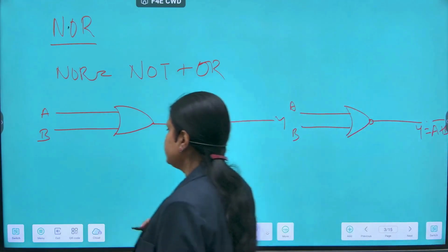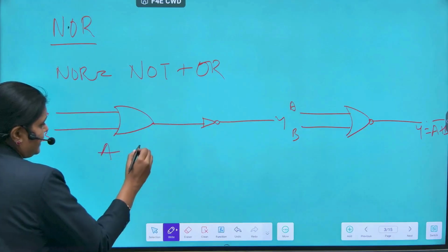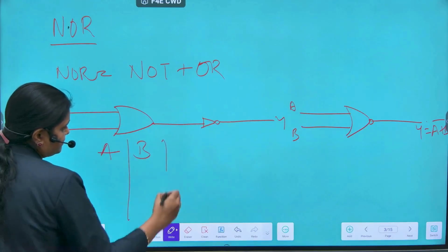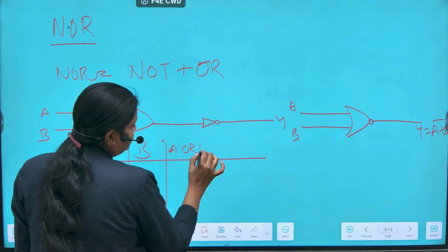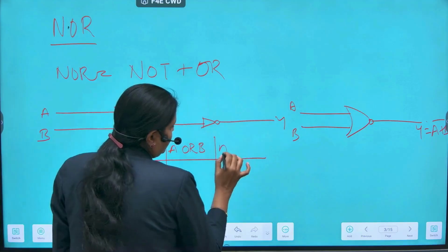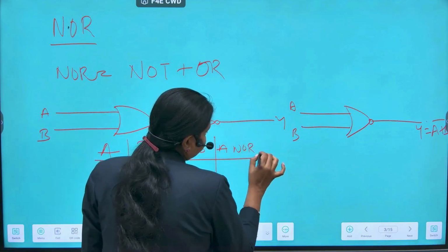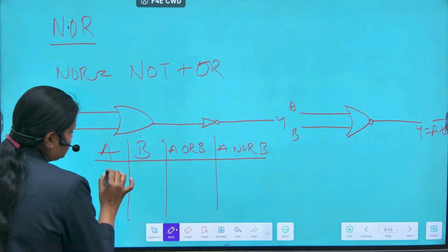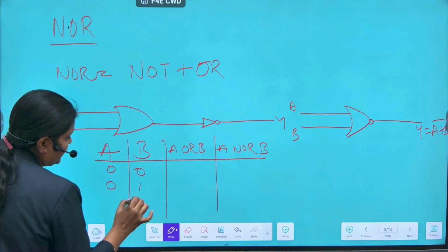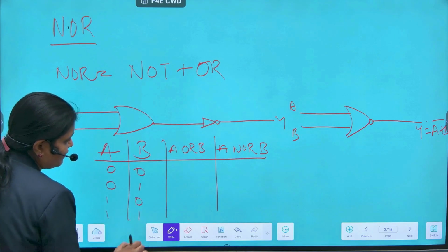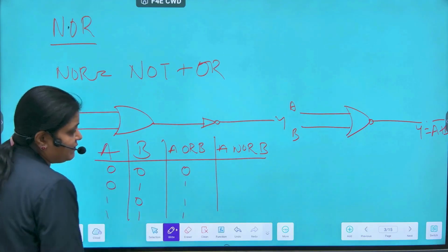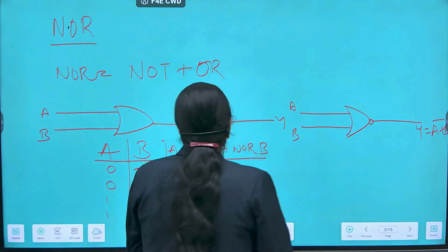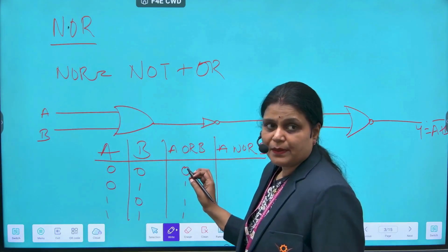Now let's write the truth table for this. A, B, A or B, A NOR B. 0 0, 0 1, 1 0, 1 1. OR means addition. So 0, 1 1 1. And NOR is the complement of OR.